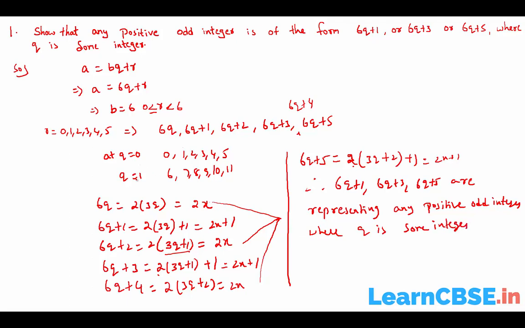This condition is important. If you change the value of q sequentially, you can get all the numbers sequentially. Among them we have to pick the odd numbers, which are 6q plus 1, 6q plus 3, and 6q plus 5. Next question.